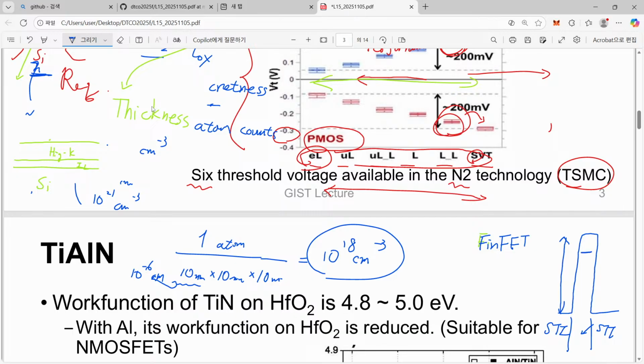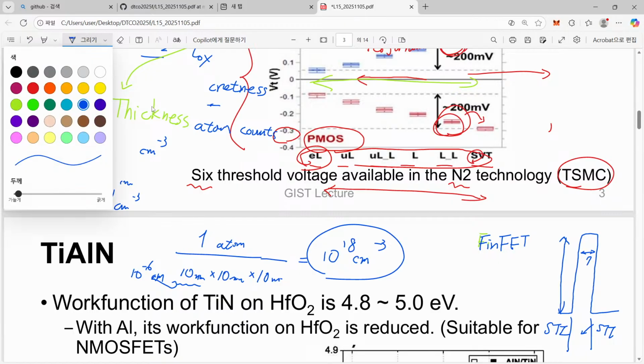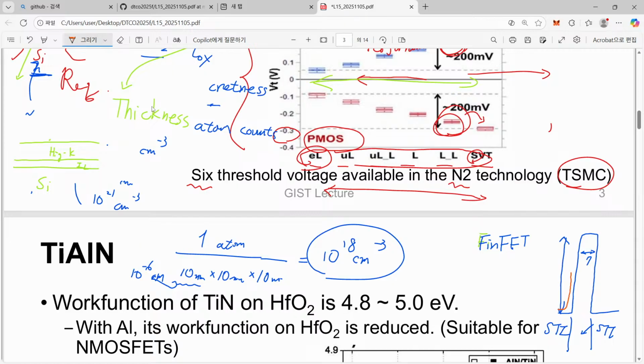And this thickness is currently assumed to be 7 nanometer, but eventually it is going down to about 5 nanometer. That is the situation. And now we have here an extremely thin interfacial layer, and also a quite thin high K.